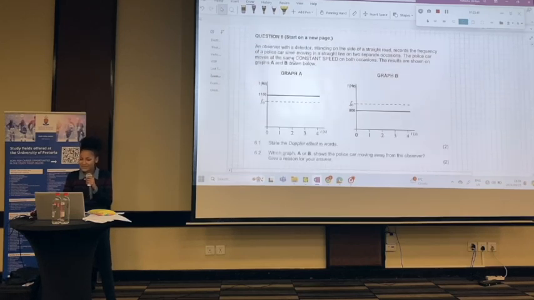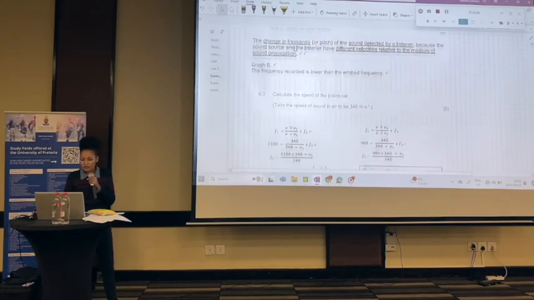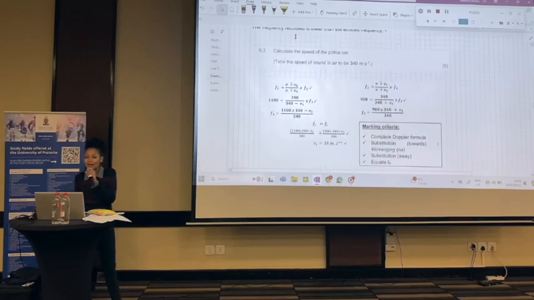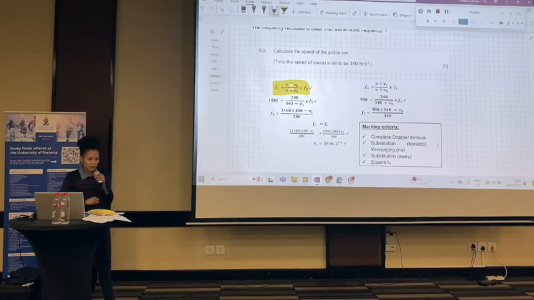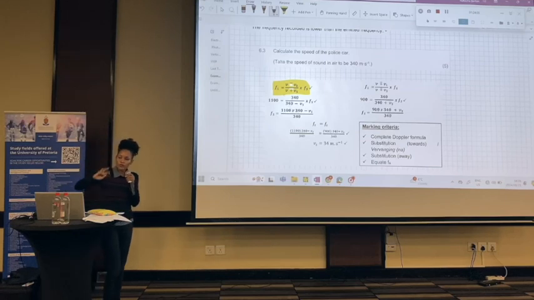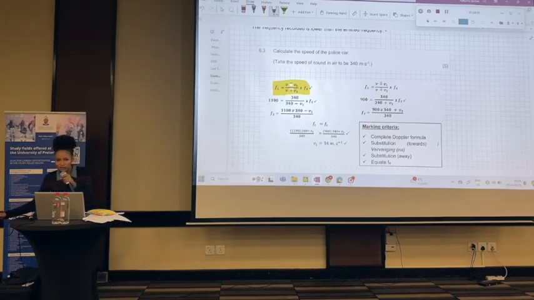However, we have said in tests, if you are performing a calculation, please always start off by writing down the full formula. They are no longer giving you marks if you start off with the formula like that, for example. First write down the full formula as it is on your formula sheet.